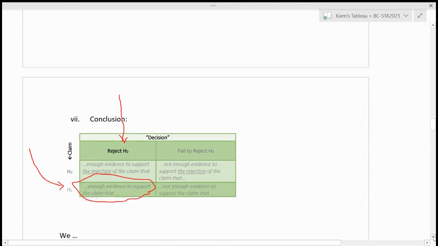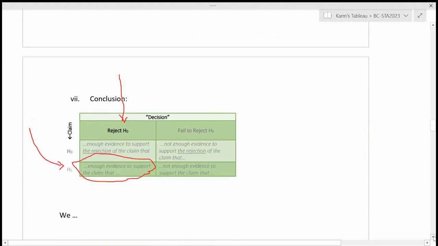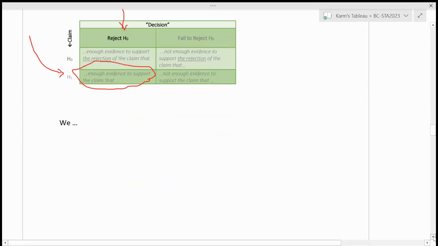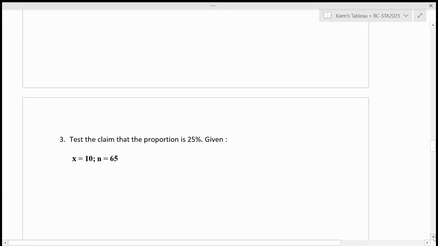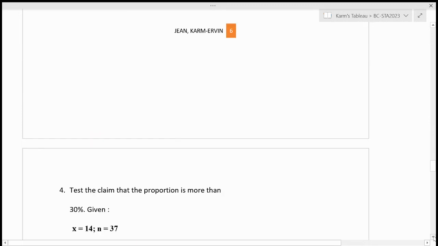Do you guys have any question about the problem? Are we good? If you have no question, the next ones, exercise number 3 and number 4, are the same concept. So I'm just gonna stop here.